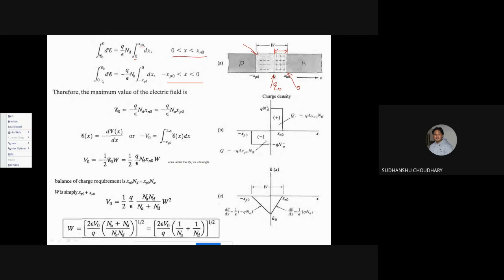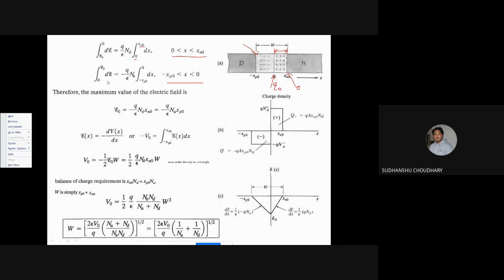Let us set the limits when x is increasing from -x_p0 to 0. So E goes from 0 to E_0. So these two integrals we have, and limits also now we have.